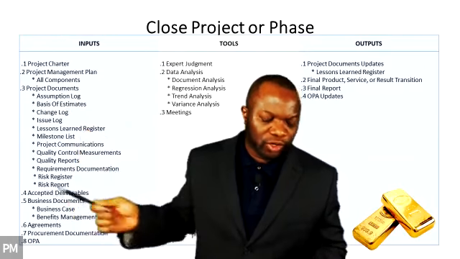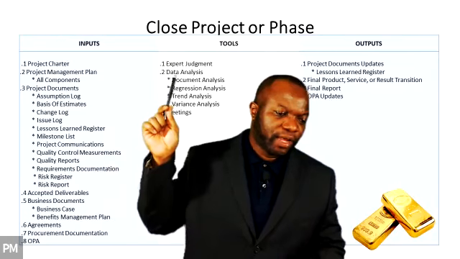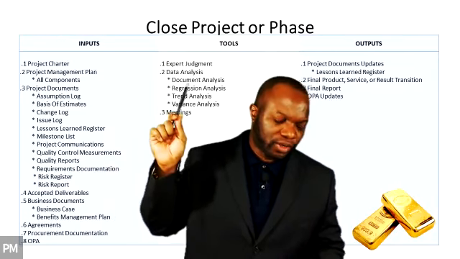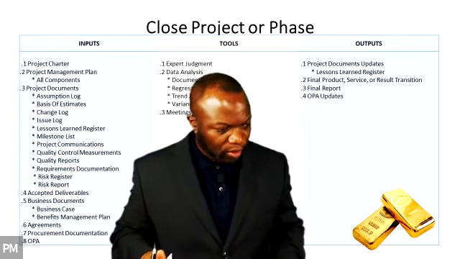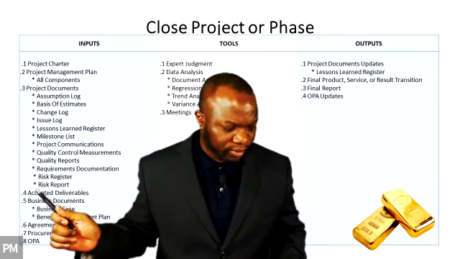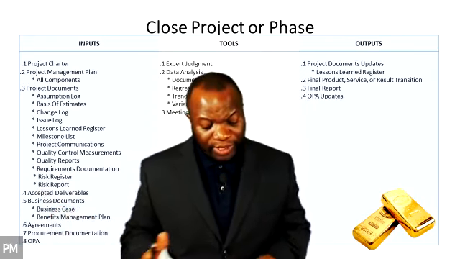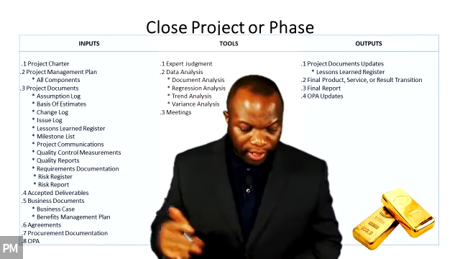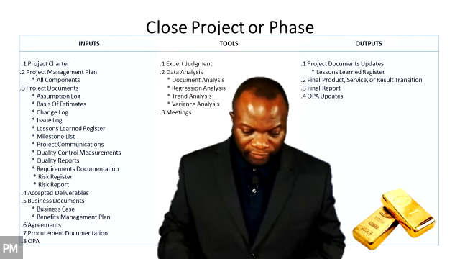These documents, not only are you trying to finalize them, you could also glean some helpful lessons learned as you do your document analysis. Keep that in mind. All right. Here we have accepted deliverables, and these are deliverables that have been accepted by the customer. They come in here so we can transition them to the customer finally.